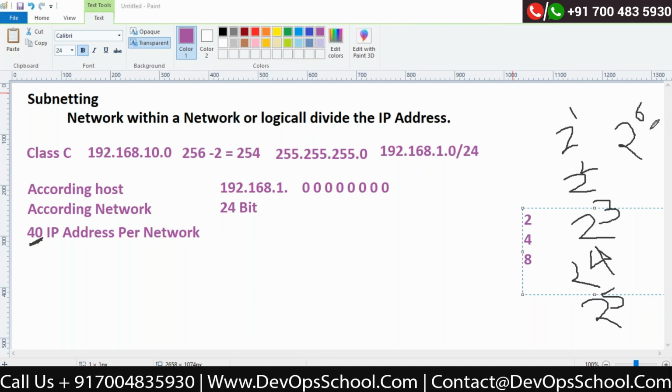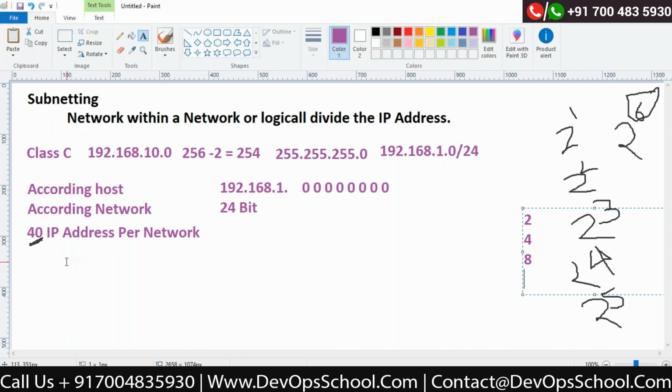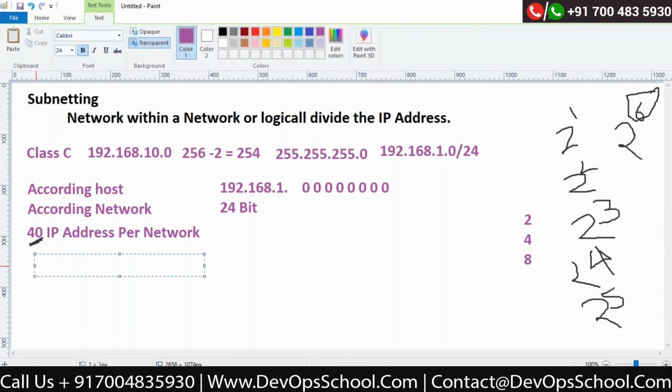Because 2 raised to 6 means 64 minus 2. Correct? Minus 2 is what? Network ID and broadcast ID. Correct? So if I go to the 6th bit, I will be able to get the number of hosts which I require. So I will say this would be considered as my host bits. So the required host is 40.